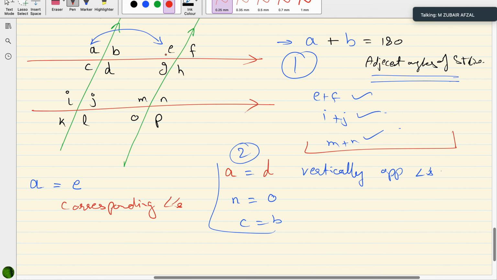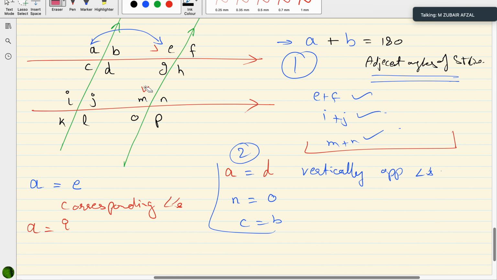If I ask you to name a different corresponding angle for A, what would it be? That would be I only, not M. M is corresponding to E. That is obviously equal to A because A and E are equal and E and M are equal, but A and M are not known as corresponding angles.